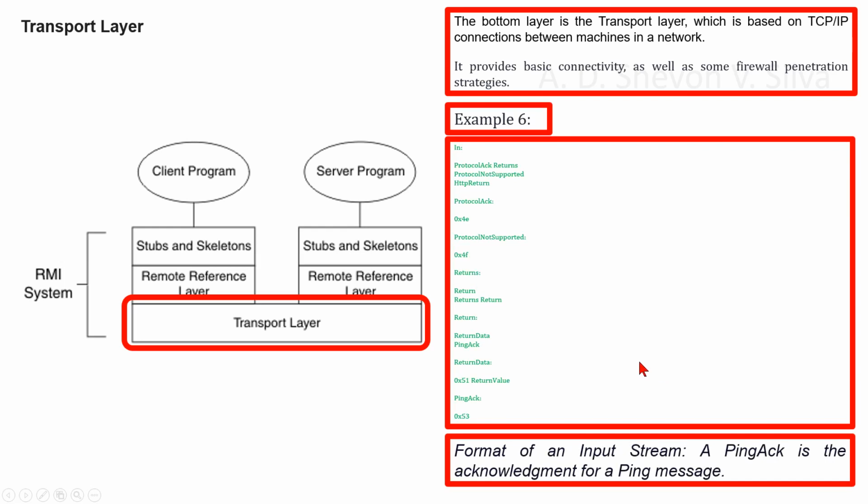Now we are considering format of an input stream. A ping ACK is the acknowledgement for ping message. There are currently three types of input messages: return data, HTTP return, and ping ACK.